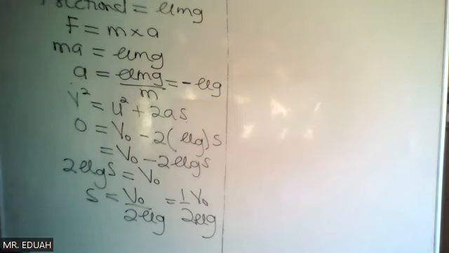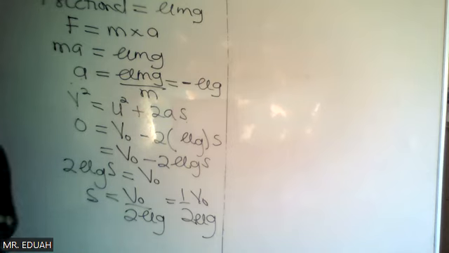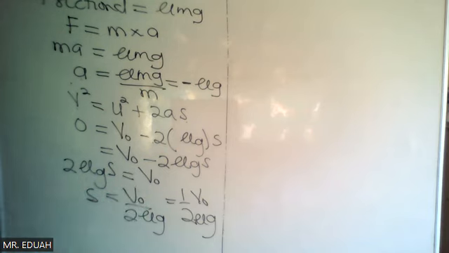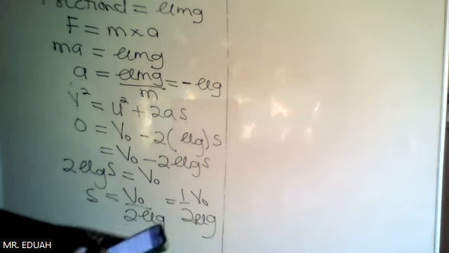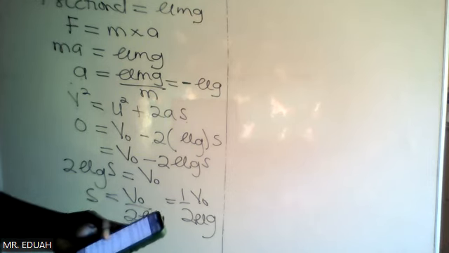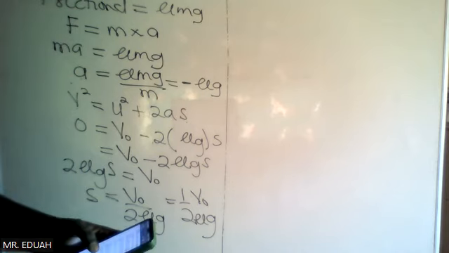Question 5. A body of mass 5 kilograms, initially at rest, is moved by a force of 2 Newton on a smooth horizontal surface.